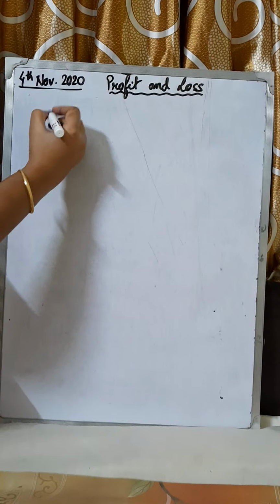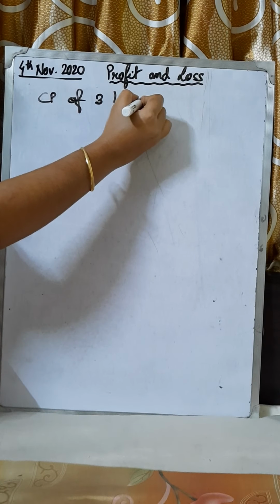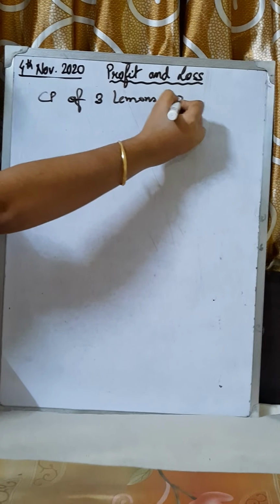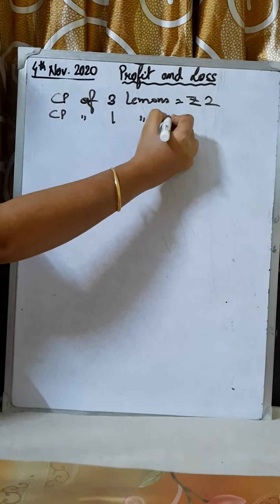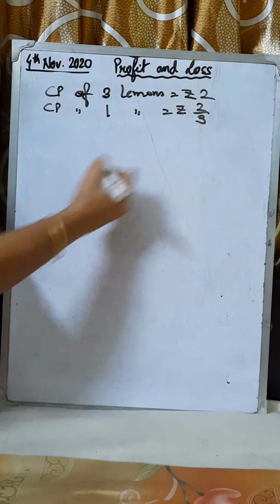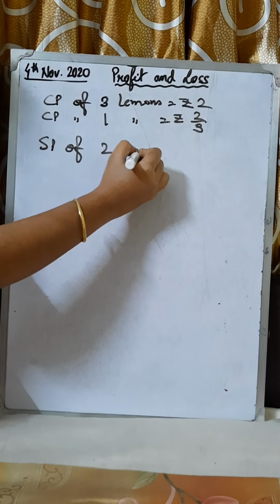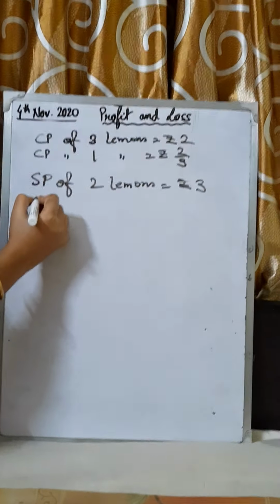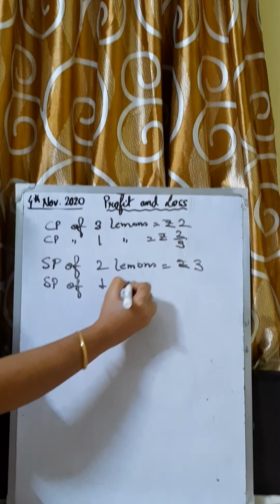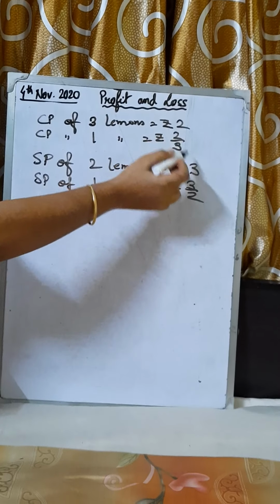Then we can compare easily to find profit or loss. First, cost price of 3 lemons equals rupees 2. Therefore, cost price of 1 lemon equals rupees 2 by 3. Now, selling price of 2 lemons equals rupees 3. Therefore, selling price of one lemon is rupees 3/2.